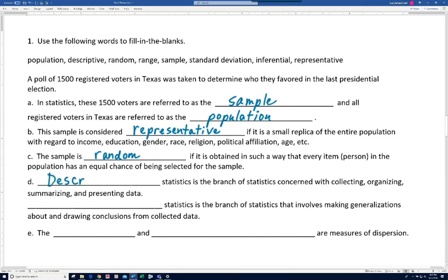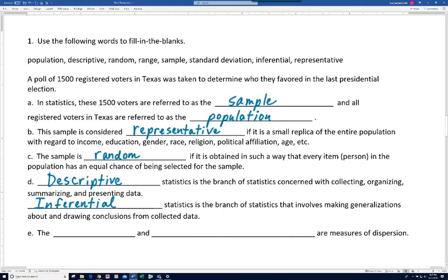In letter D, descriptive statistics is the branch of statistics concerned with collecting, organizing, summarizing, and presenting data. Inferential statistics is the branch of statistics that involves making generalizations about and drawing conclusions from collected data.